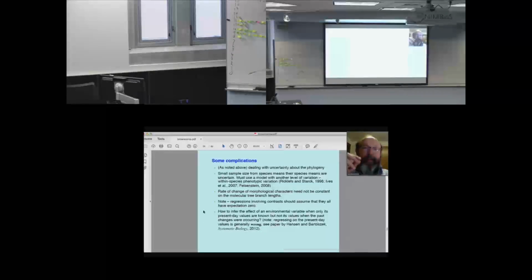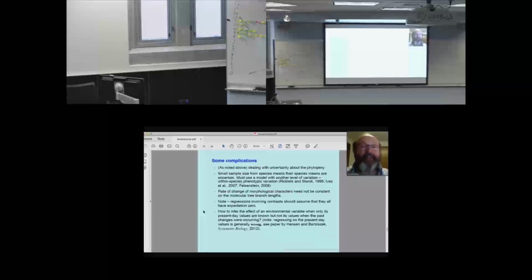The only way of doing a fully time-aware and phylogeny-aware analysis is to have a model for the change of the environmental variable as well.